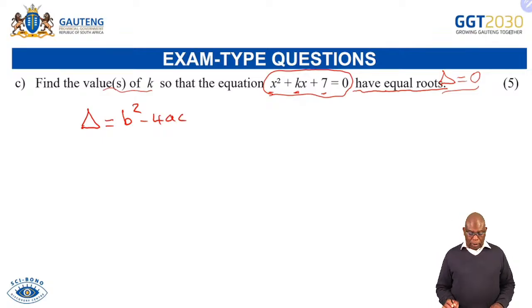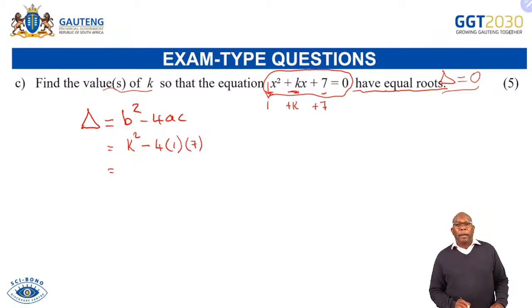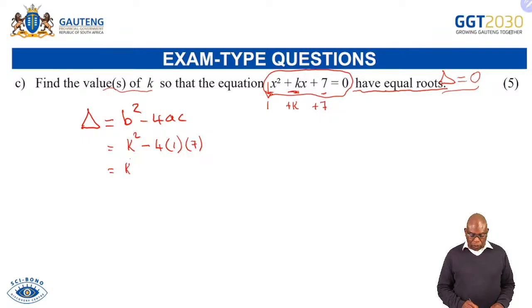Substitute there. So my a here is 1. My b is positive k. My c is plus 7. So now I'm going to come here and say, okay, I've got k as my b, I've got a which is 1, I've got c which is positive 7. Then I'm going to get k squared minus, if I multiply this, I think I'll get 28.